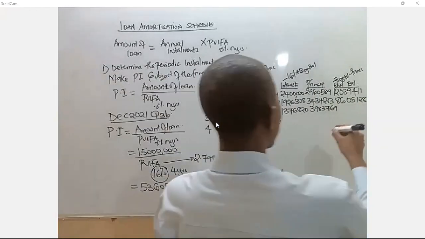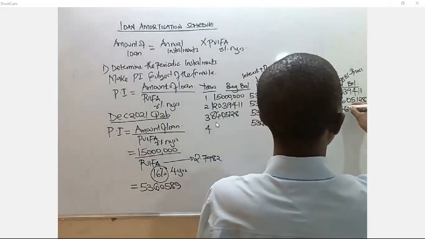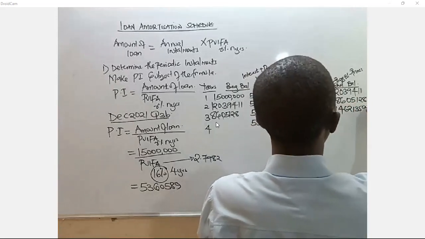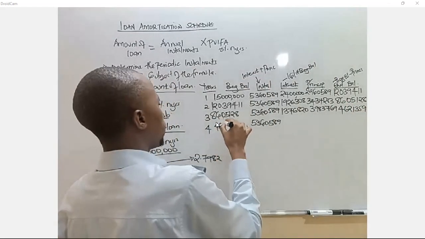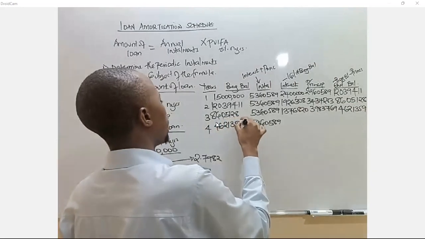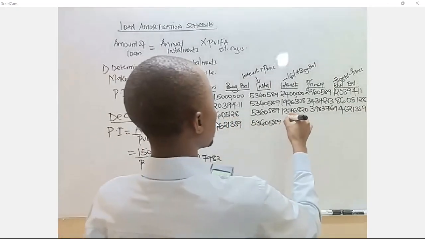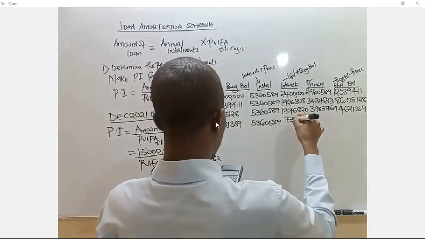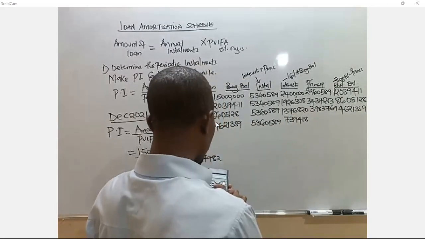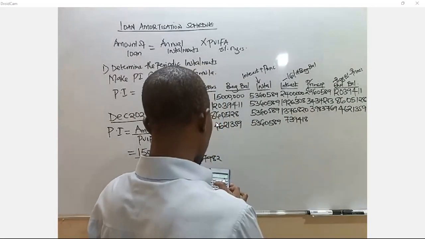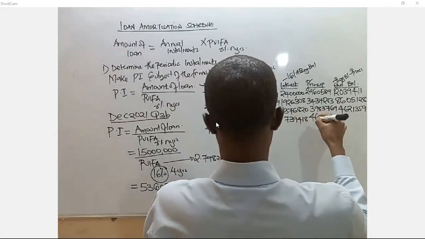I'm getting something closer to 4,621,359. So 4,621,359 times our rate 0.16, getting 739,418. Then we have 5,360,589 minus my answer, and getting 4,621,171.